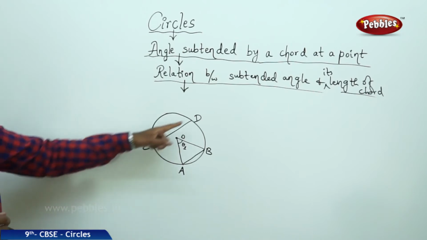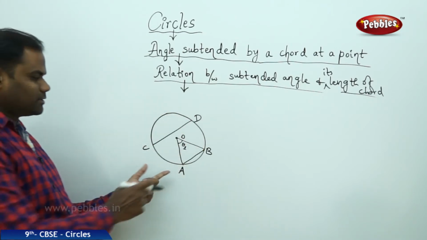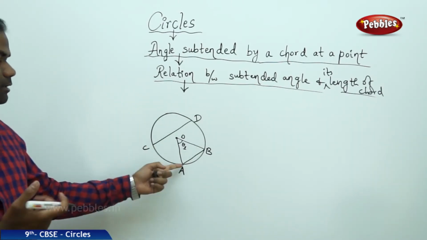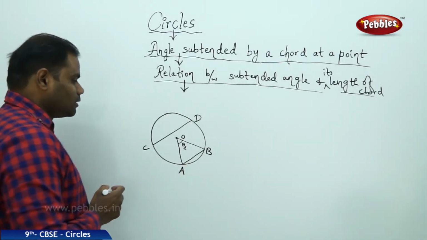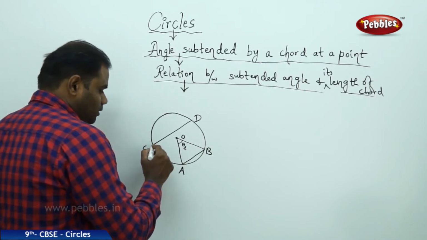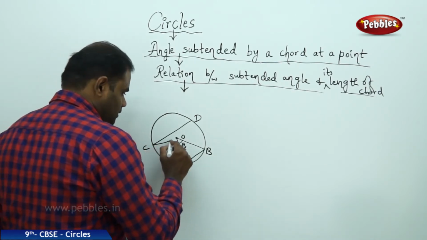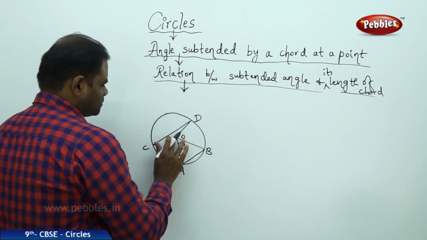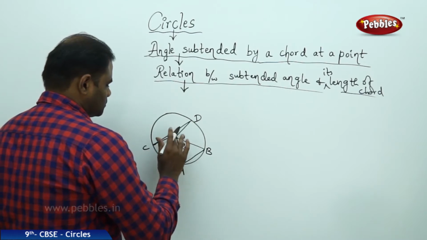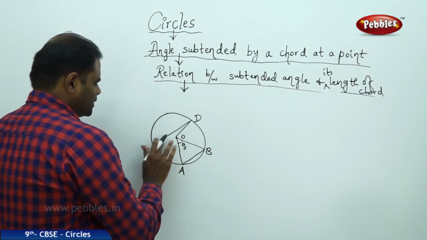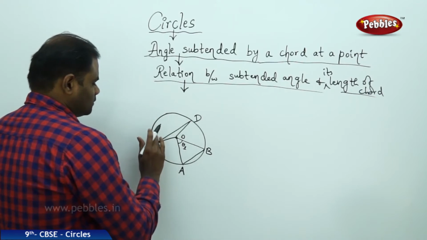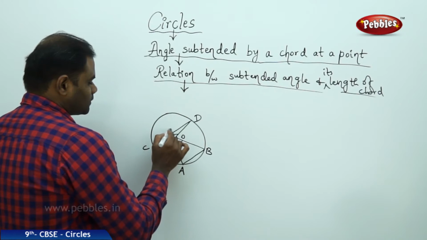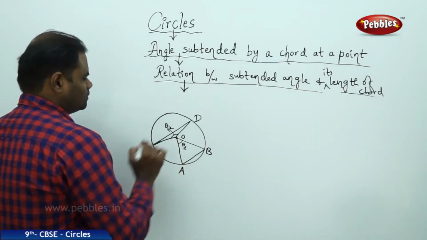There's another chord CD which is bigger in length, as clearly we can see that chord AB is smaller than chord CD and chord CD is bigger than chord AB. Therefore, the angle subtended by this chord CD with the center of the circle, at the center, we see that this angle is theta 2.